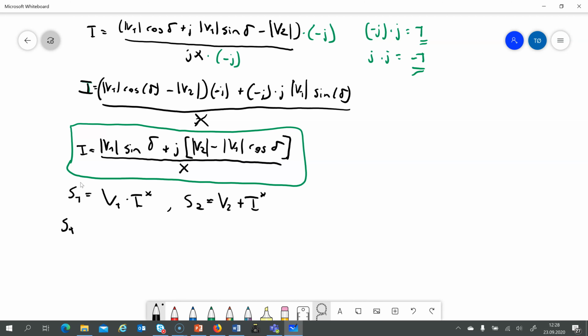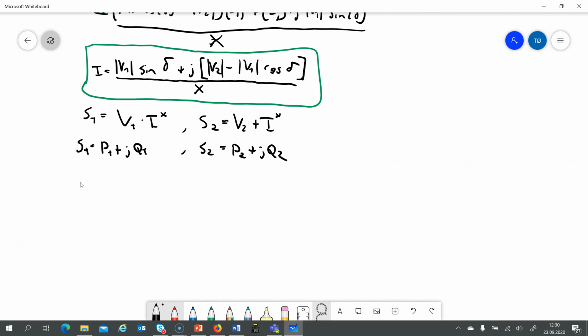Or it can also be written P1 plus jQ1, and S2 equal P2 plus jQ2, like this. So if we use this expression for current into here and into here, we can have the following relationship for the total load.